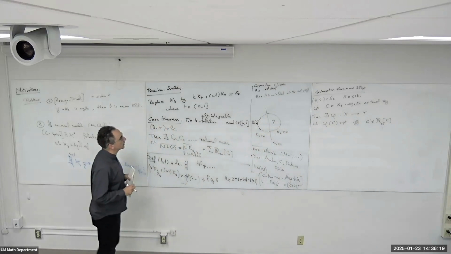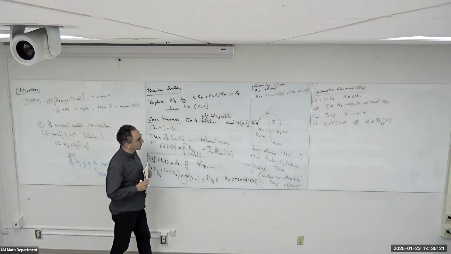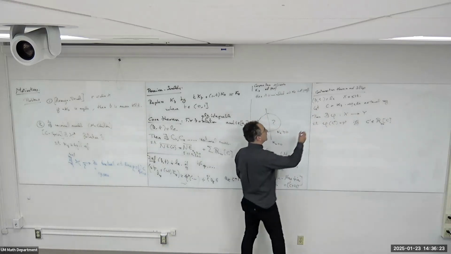So in other words, we contract every curve which is numerically equivalent to a multiple of C. This is the first thing.